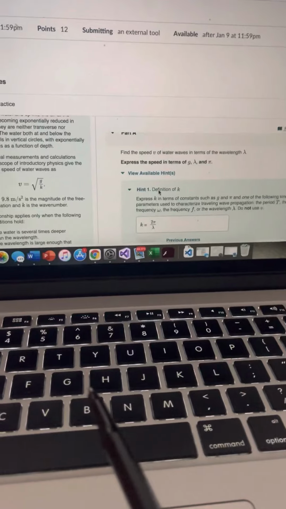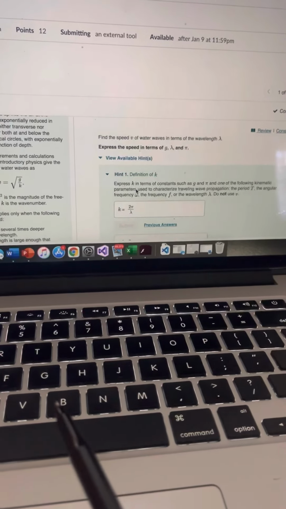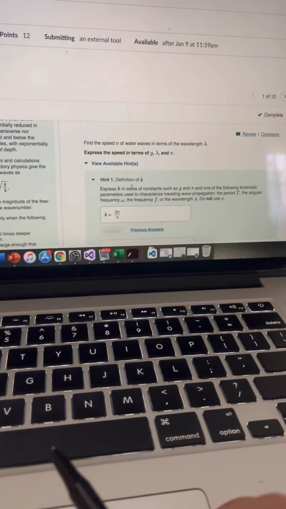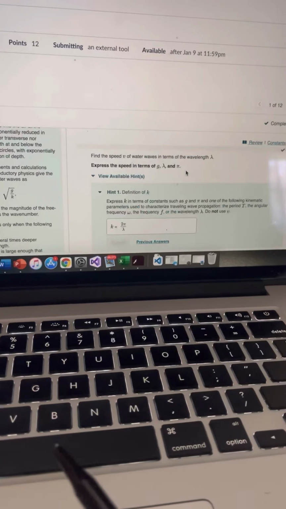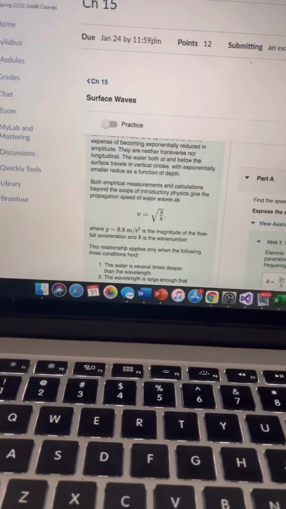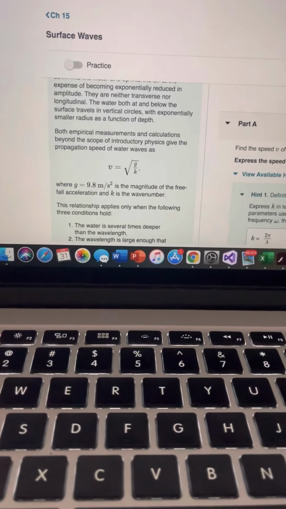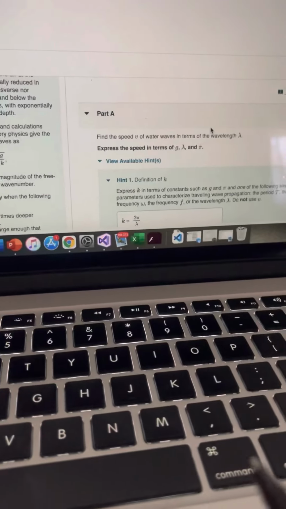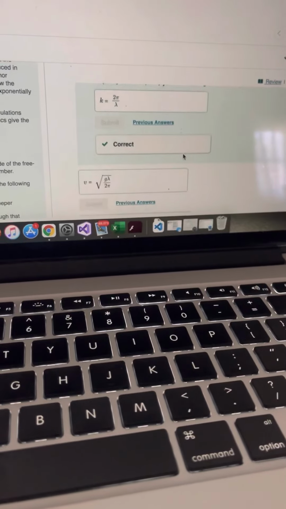To begin with part A, we're asked to find the speed v of a water wave in terms of wavelength lambda. We are given that speed equals the square root of g over k, and we want to solve that in terms of kinematic parameters.